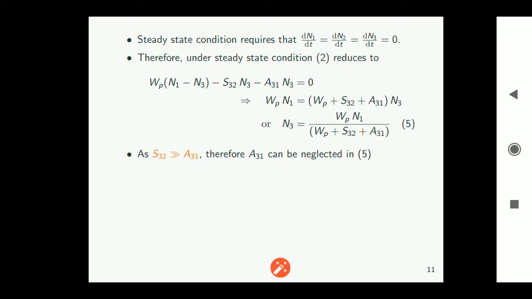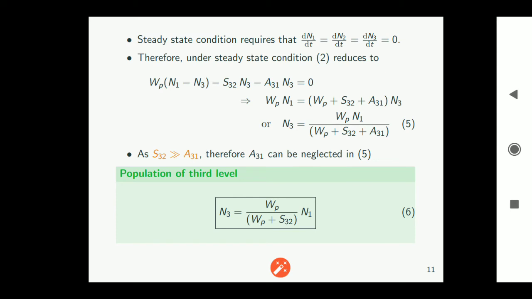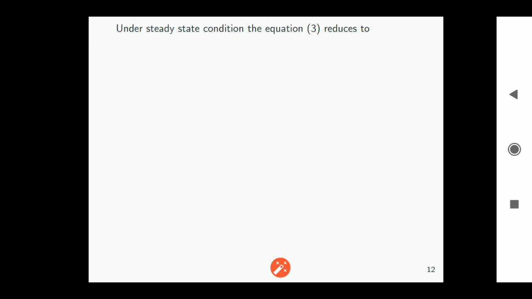So with that, A31 in equation 5 can be neglected. Now if you neglect A31 in equation 5, then one can easily write the value of population of the third level as equal to Wp divided by Wp plus S32 times N1. So we use this equation 6 later also. Keep that equation in your mind.